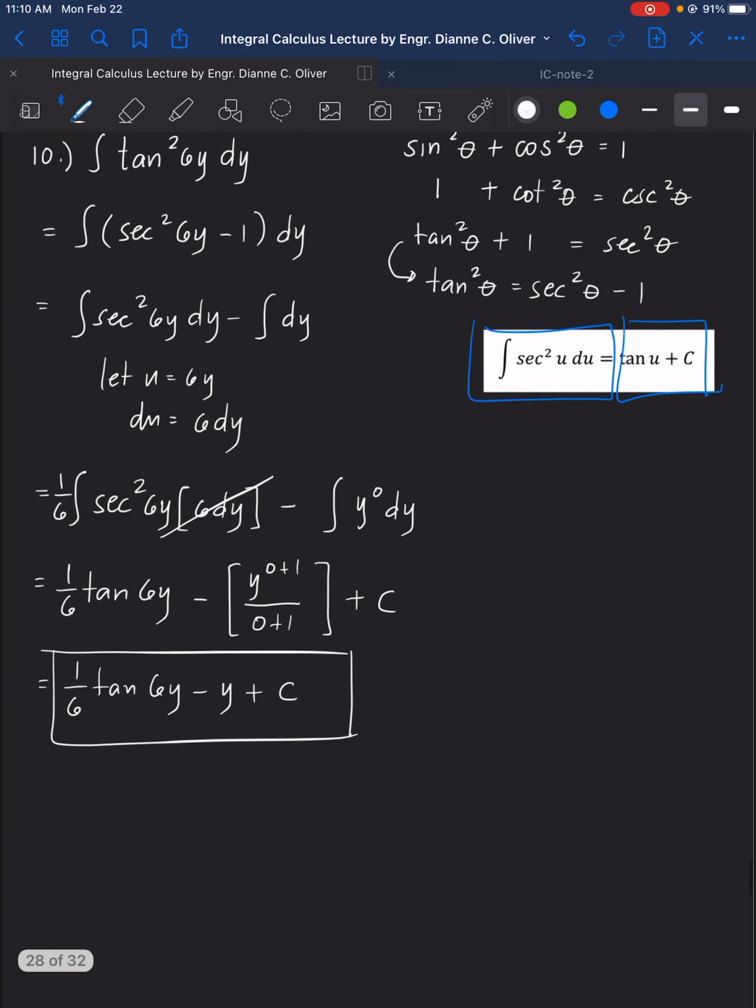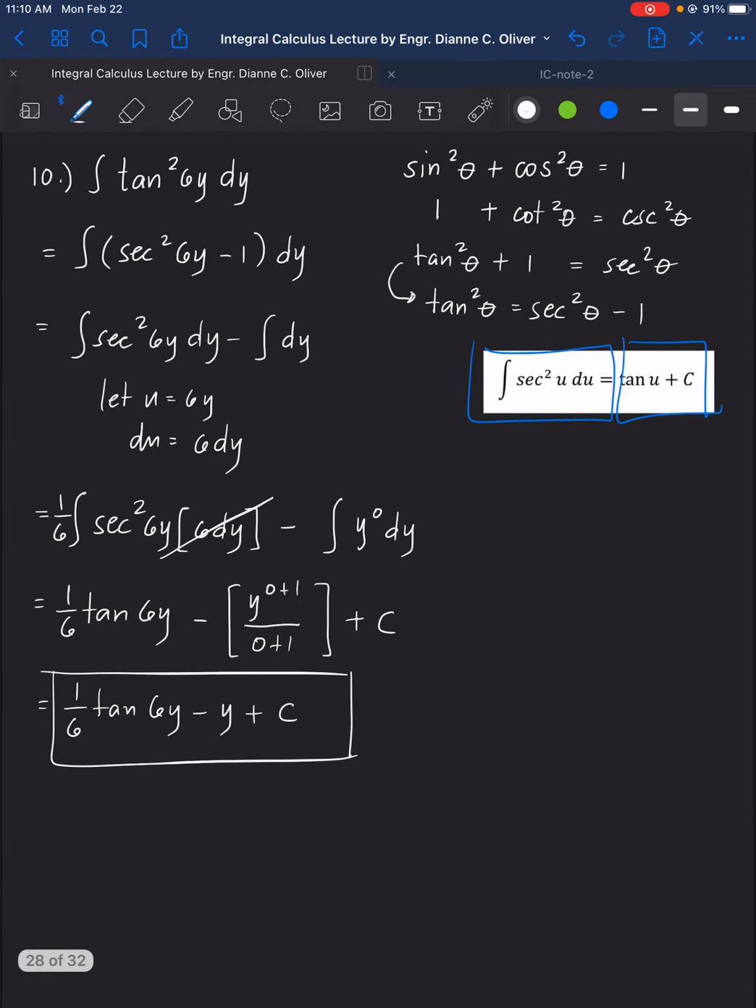Now checking first, before we proceed to the next, let's check by differentiating. So the derivative of the answer 1 over 6 tangent 6y minus y plus c is equal to 1 over 6. What's the derivative for tangent 6y? That is secant squared 6y.